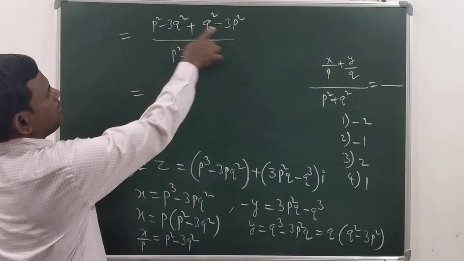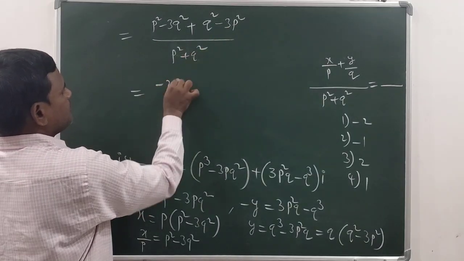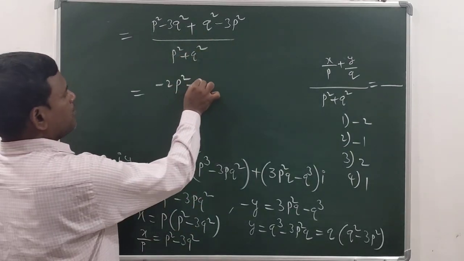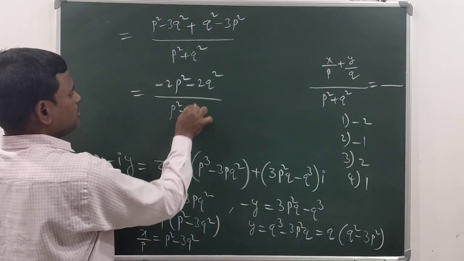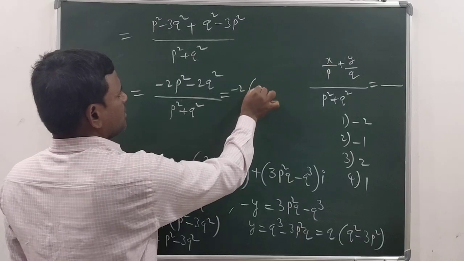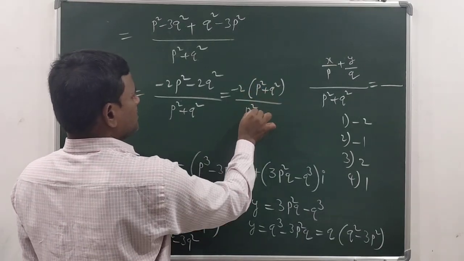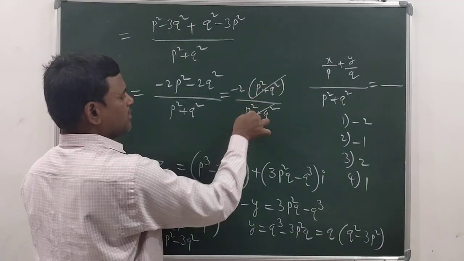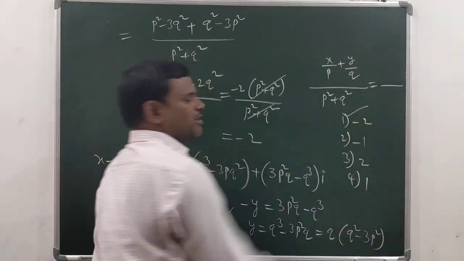Now here p square minus 3p square is minus 2p square. So here minus 3q square plus q square is minus 2q square, whole by p square plus q square. From these two what do you get? Minus 2 common inside, p square plus q square whole by p square plus q square. So both of them cancel, which is equal to minus 2. So minus 2 is your required answer.